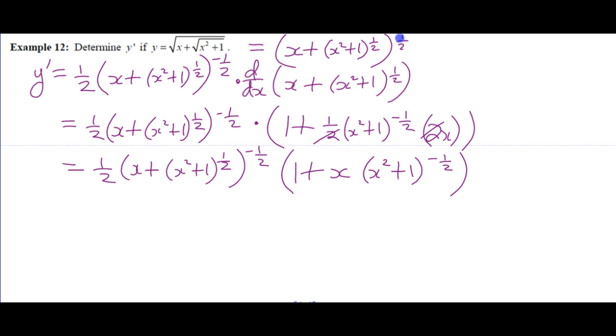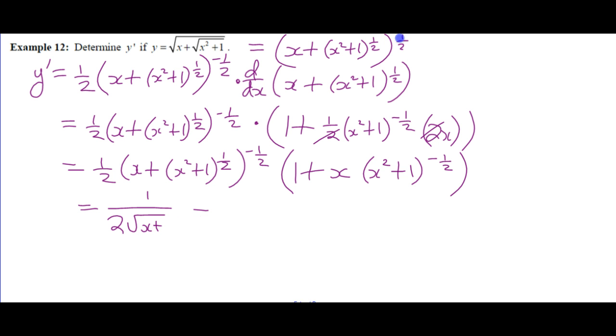All right, so let's turn stuff into square roots. So I've got 1 over 2 times the root, right, that negative a half. So it's going to be the root of x plus x squared plus 1 to the half.